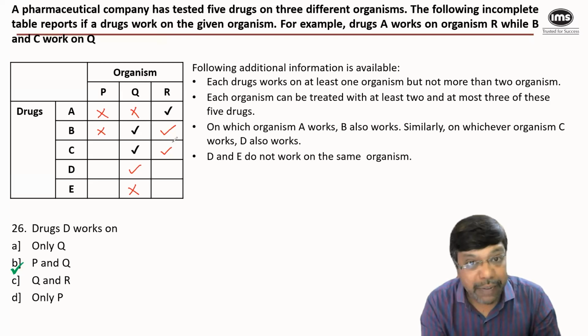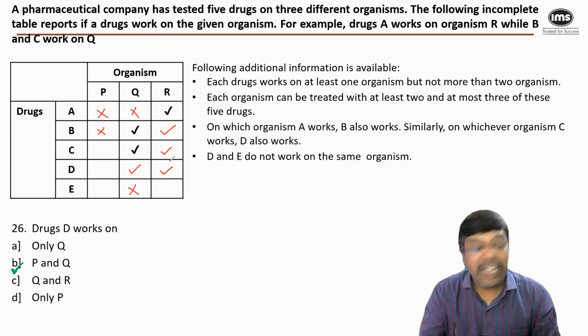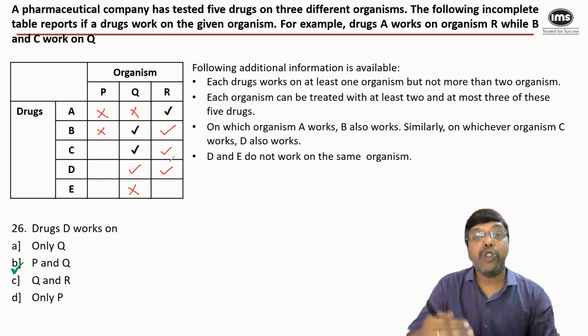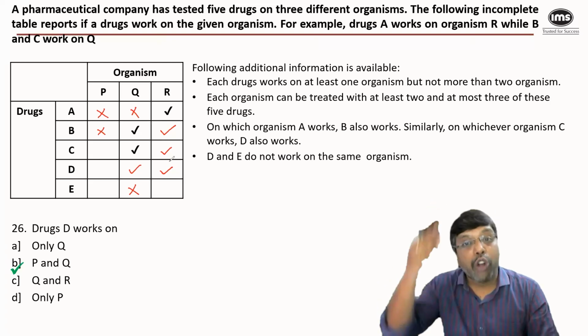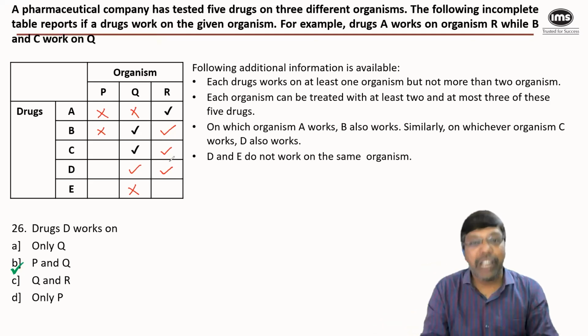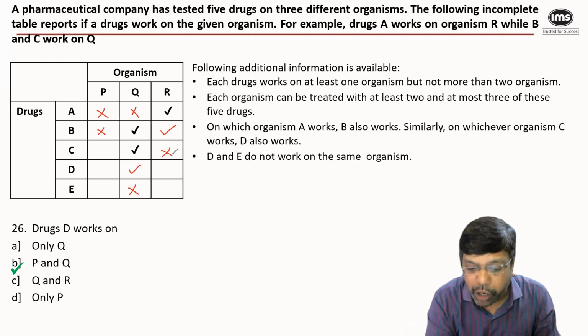Because if I say C works on R, I will have to say D also works. Now, the problem is, in that case, there are 4 drugs which are showing an effect on R, but column-wise, the maximum number of ticks I can have is only 3, which means drug C does not work on R.